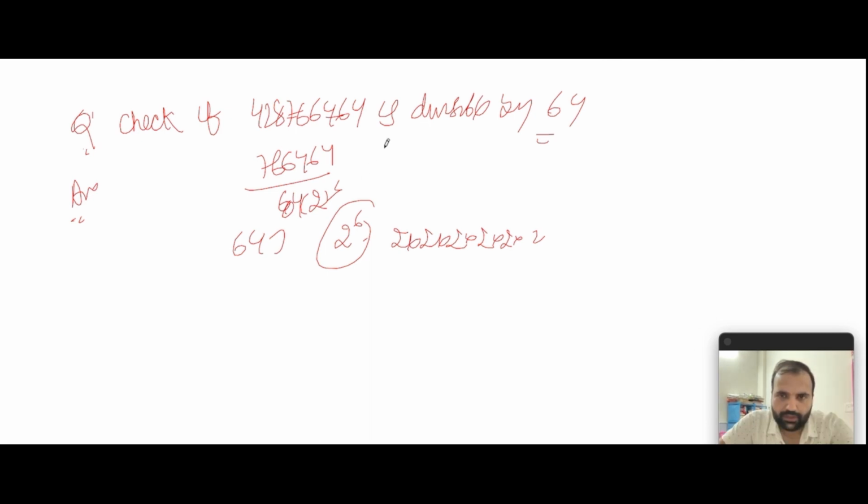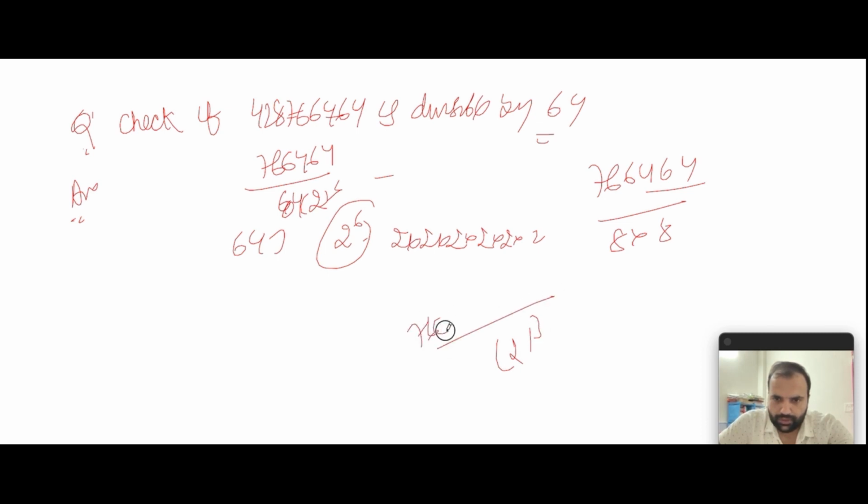But what we can do otherwise is, we need not divide this long number. 766464, we can use 8 into 8. 8 is again 2 cubed. So try checking the last 3 digits for 2 cubed.